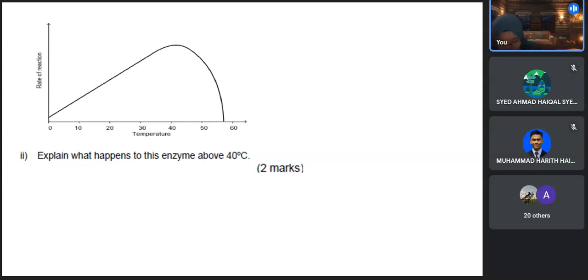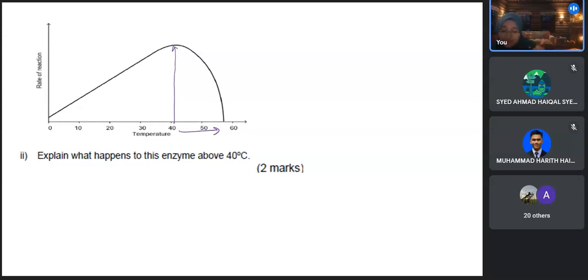Okay, so next question, explain what happens to the enzyme above 40 degrees Celsius. Above 40, as you can see, the rate of reaction starts to decrease. Why? When you increase the temperature, you increase the collision between the molecules in the enzyme.